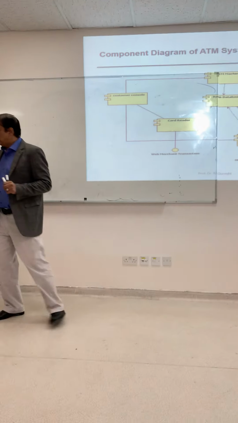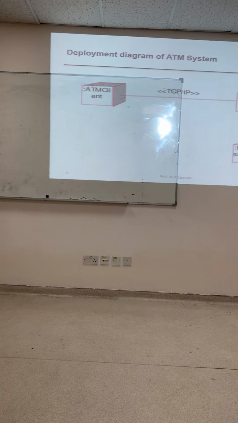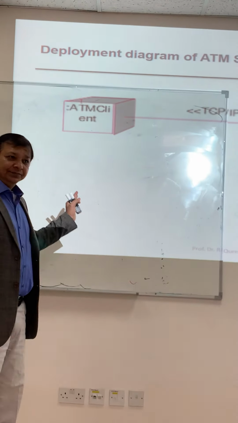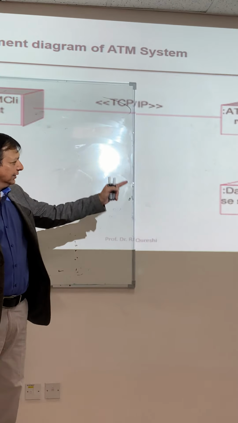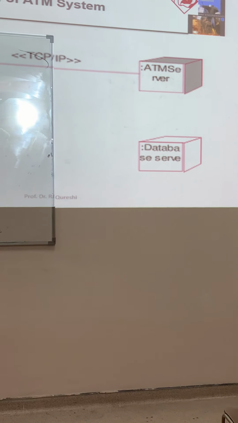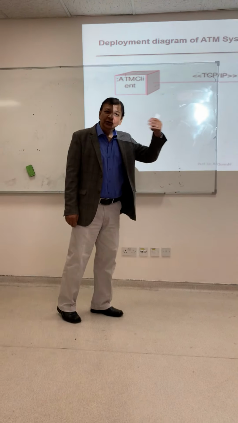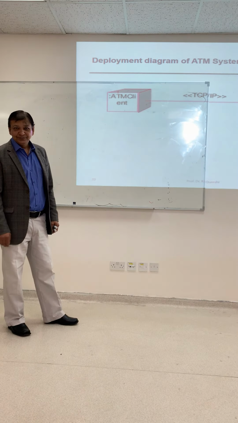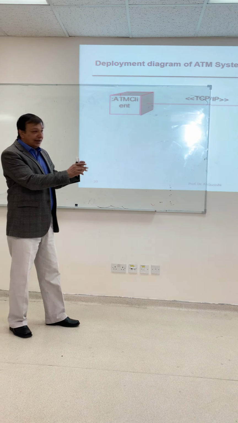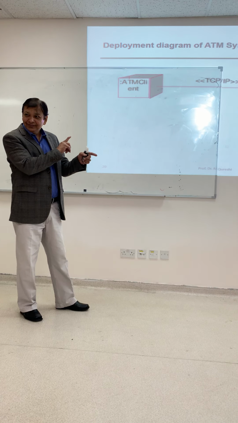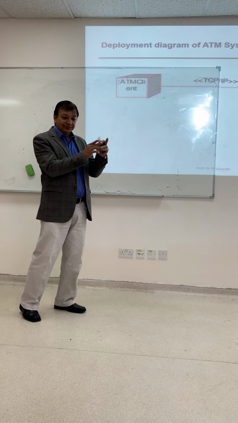Now let's go to the deployment. You have ATM client, ATM server, database server. So these are the components showing how you deploy the system. Now it's very different from the component diagram in terms of symbols.